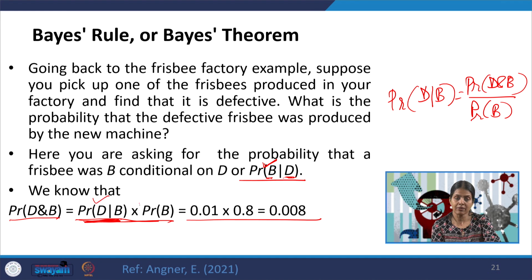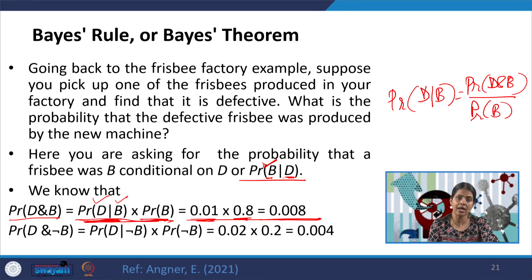It is defective and produced by machine B is 0.01 times 0.8, because 1% is defective, and it is produced by B with probability 0.8. This is the formula of probability D and B, and in similar fashion D and not B would be 2% defective produced by machine not B, and a Frisbee is produced by machine not B with probability 0.2.